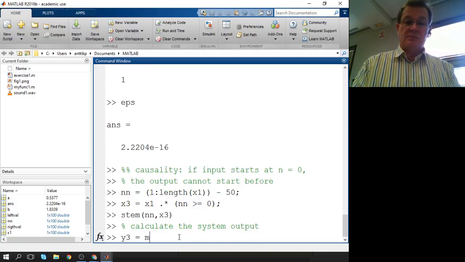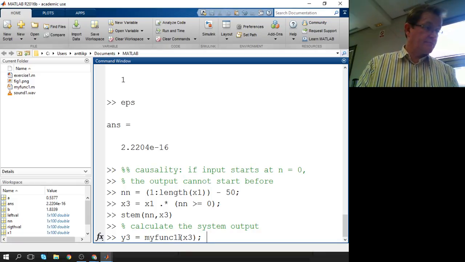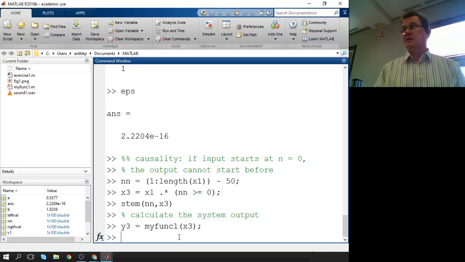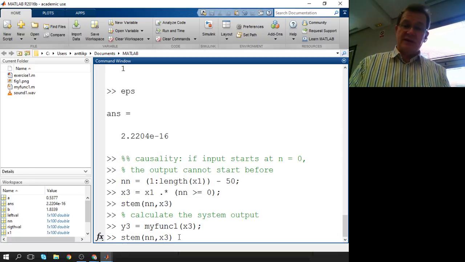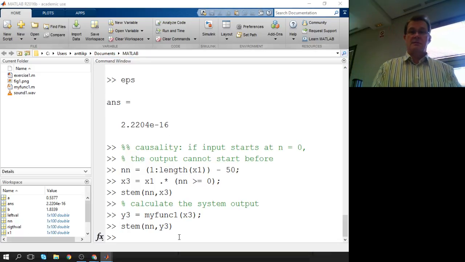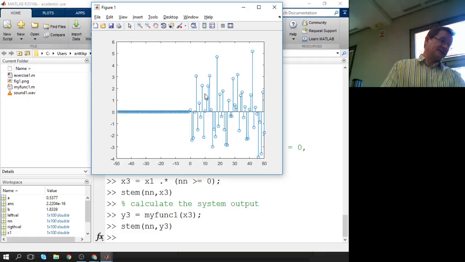Y3 equals my func1 x3. Simply calculate it. And I can also eyeball it, and it looks like it might be a causal system since it looks like those are zeros.